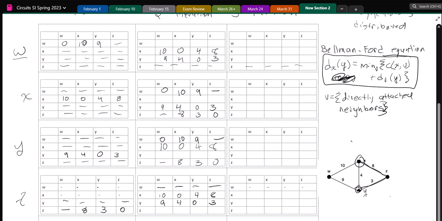Okay, all right, so now we're going to calculate the next distance vector. So for W to itself, that's never going to get smaller than 0, so we can just go ahead and fill that in. Now for W to get to X, right now it's 10.